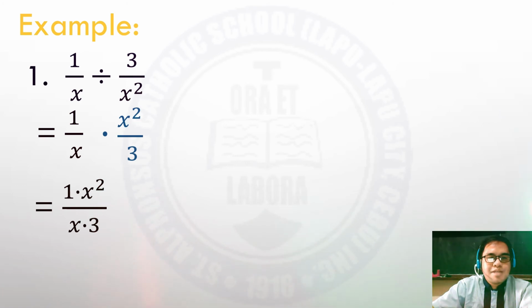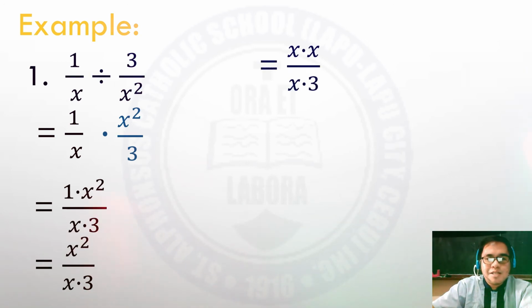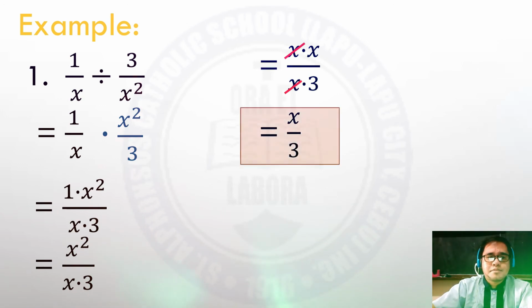So we have 1 times x squared over x times 3, but this is not yet the simplest form. You can factor x squared into x times x, and cancel out the same factors, and the answer is x over 3.